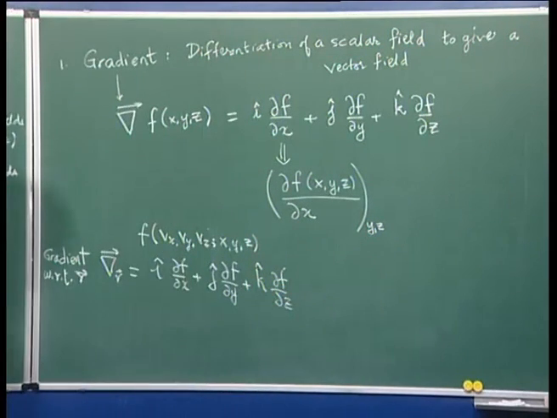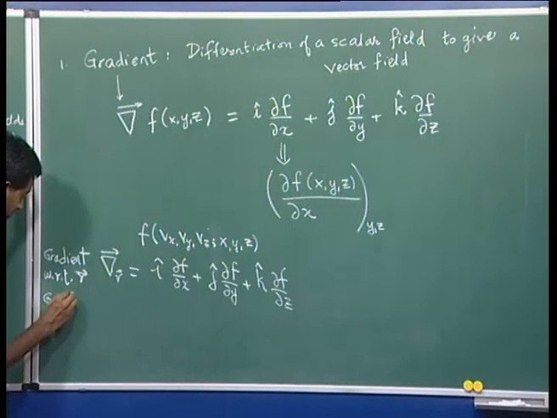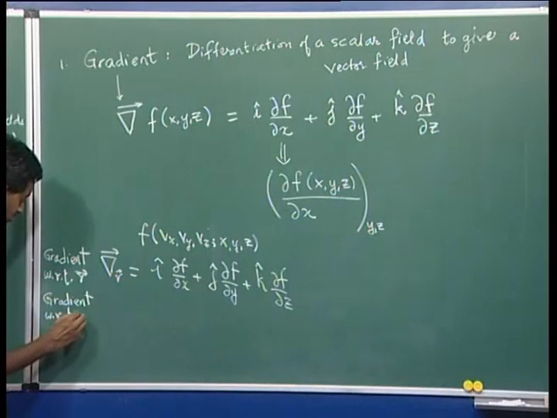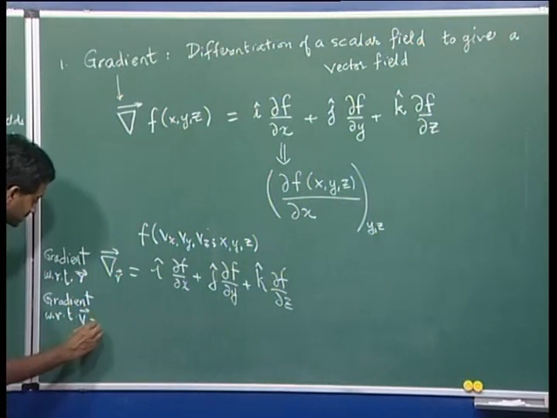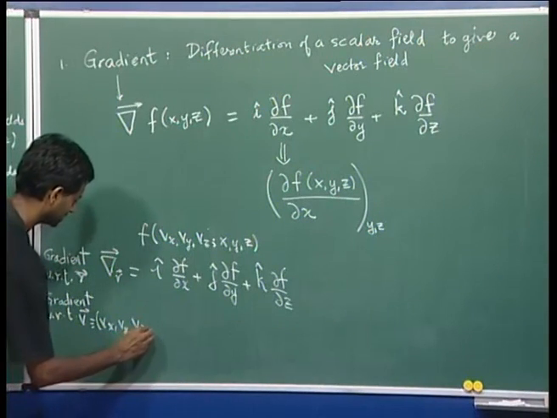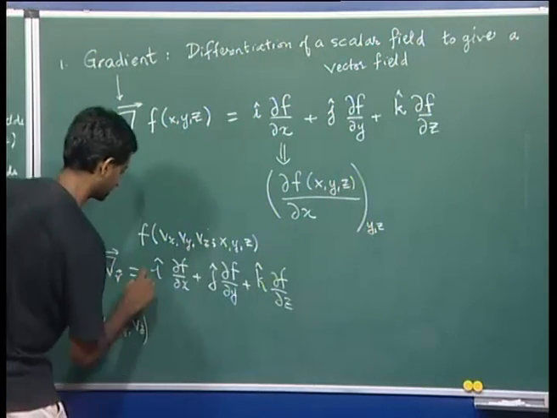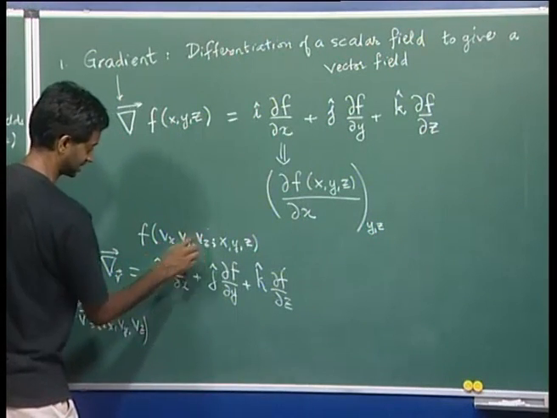But you can also define a gradient with respect to the v vector, and the v vector is just Vx, Vy, Vz. So how will this be defined? In this case, notice f is also a function of Vx, Vy, Vz.